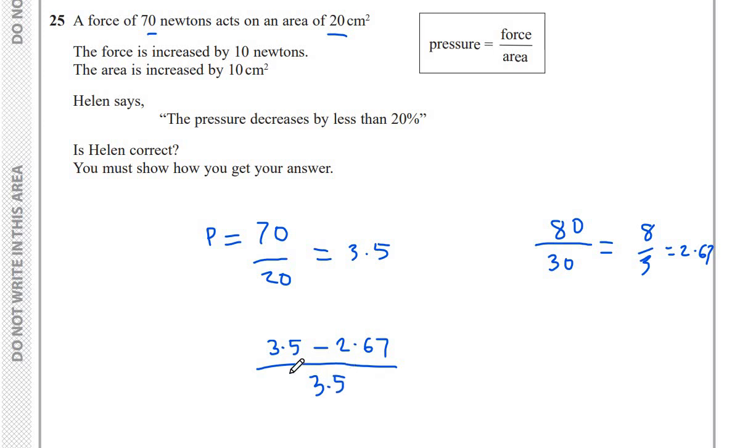So you have to remember that you need to put the original pressure down here, and then you multiply that by 100, and that is going to give you 23.8%. So it looks like Helen is not correct because the percentage was actually more than 20%, 23.8 exactly.